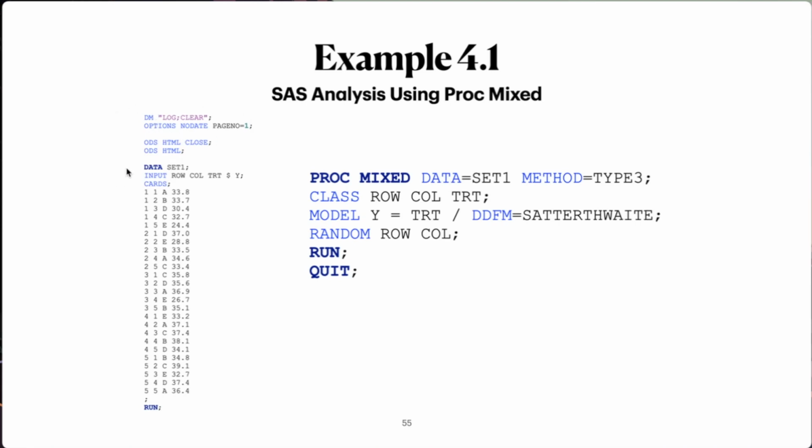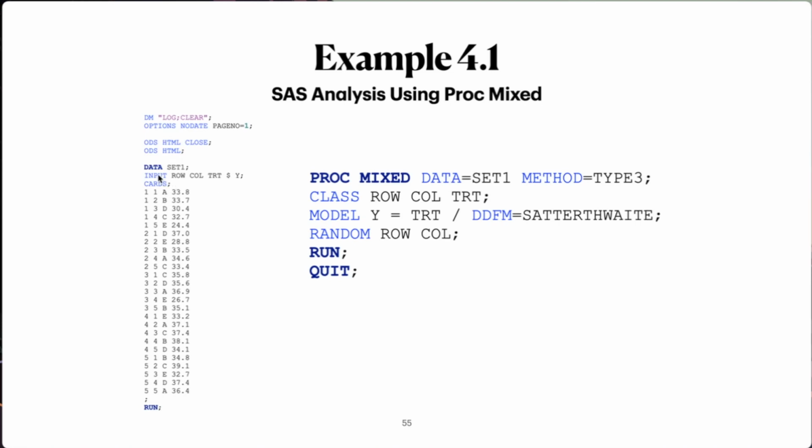Then I create a temporary data set called set1 using the data step. And then I tell the data statement that I'm going to be inputting data. The variable names are row, column, treat, and then Y. Notice that I have a $ sign after treat, TRT.